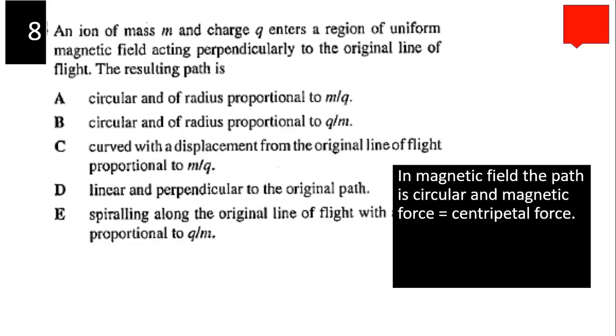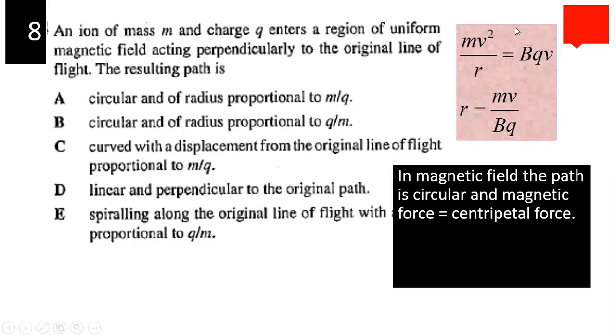No need to memorize the formula. That is not that difficult. That's your centripetal force. This is your magnetic force. v and v cancel off. Take r across. Take your B and q down. So that is your formula. Then you can choose what is the right one. So circular path and your r is proportional to m divided by q. Not qm.